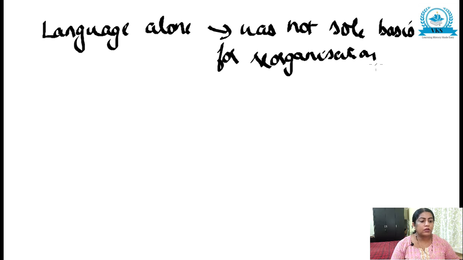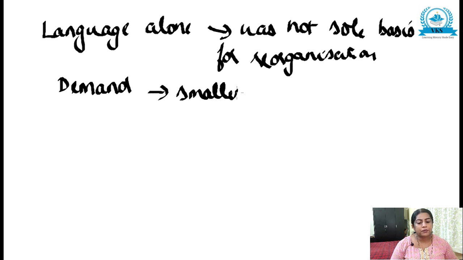Regional culture and complaints of regional imbalance have led to the demands of smaller states. Again and again, regional imbalances, regional culture and complaints of regional imbalance have led to the demand for smaller states. There have been continuous demands for smaller states because of many reasons.